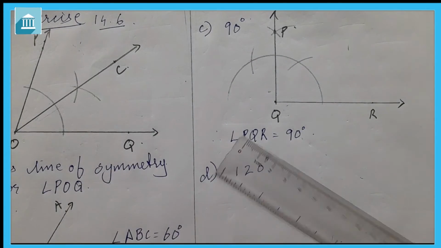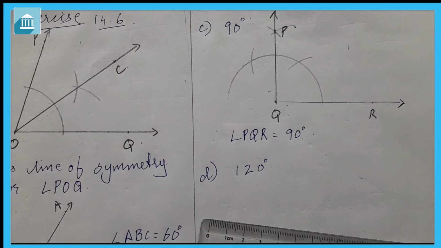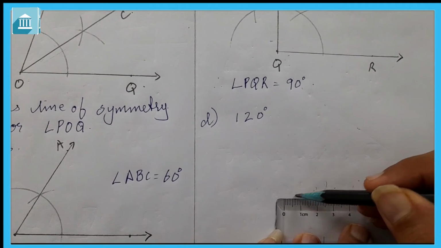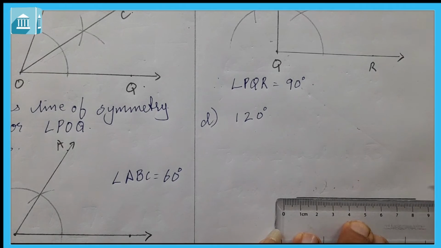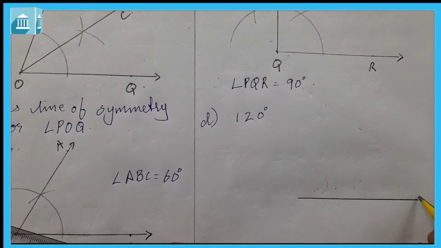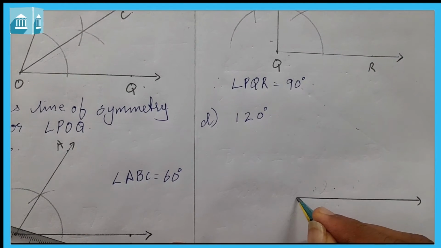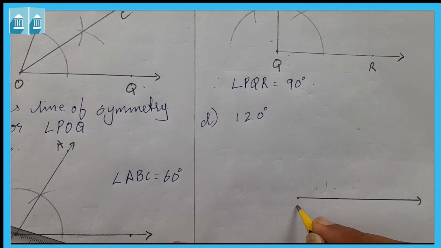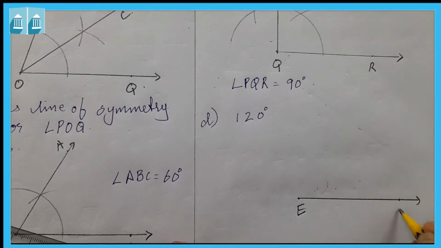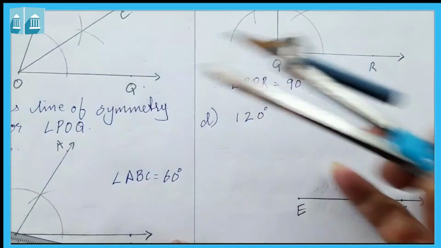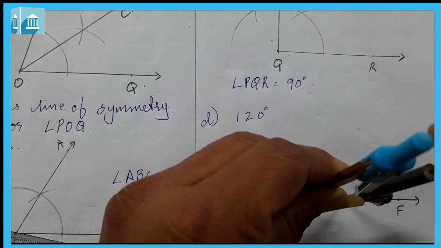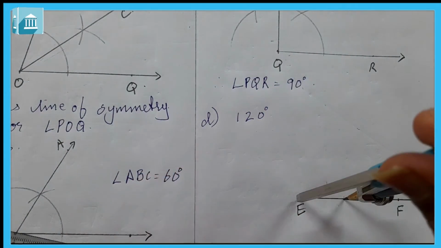So for 120 degree also, first we have to draw a line like this. Let it be E, F. Now again with the help of compass, we are going to do one arc here like this.